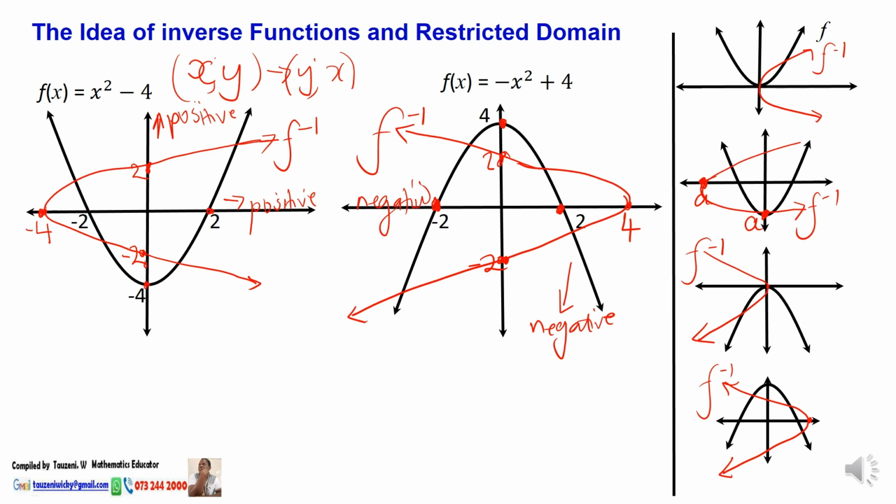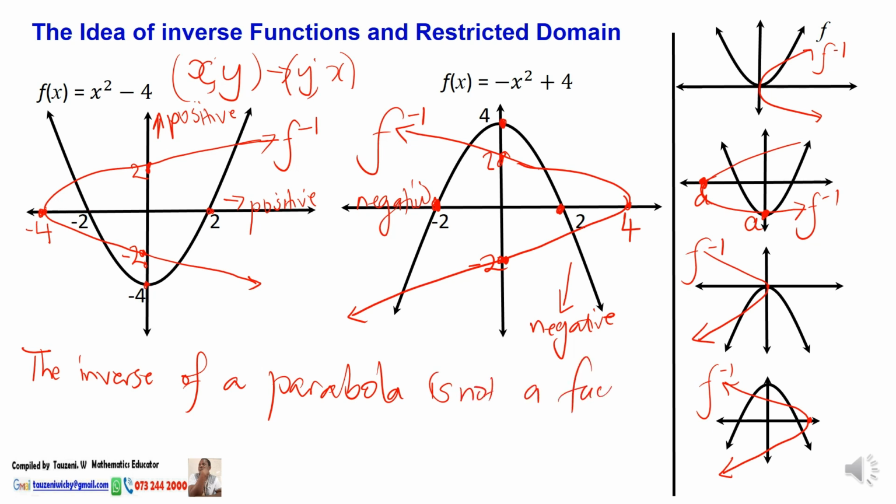Important for us is to highlight that the inverse of a parabola is not a function. This question, they ask it a lot. So if they say give a reason, the easiest reason to remember will be the graph fails the vertical line test.